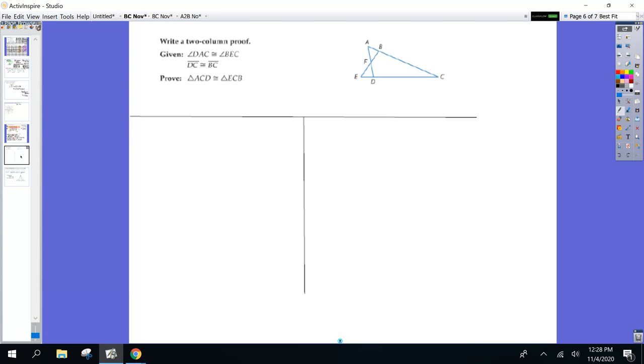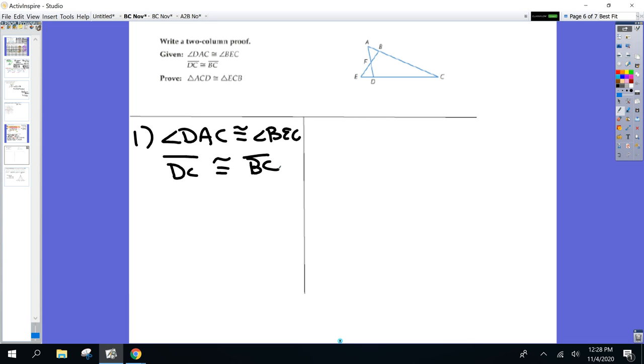Let's go, come on. We don't shy away from the challenges. DAC congruent to BEC. DC congruent to BEC. Guys, can you please do me a favor and do not mark your diagram. If you've already started, fine, but don't mark your diagram yet. Big breath.